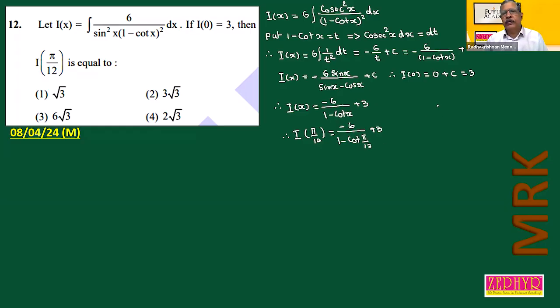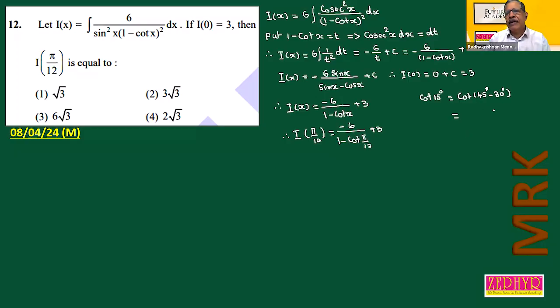Cot pi by 12: pi by 6 is 30, pi by 12 is 15, so cot 15, which is cot of 45 minus 30. If you remember it, if you are by hearting it, it is well and good. You can use the formula also.